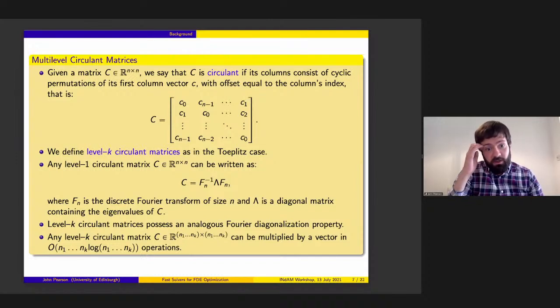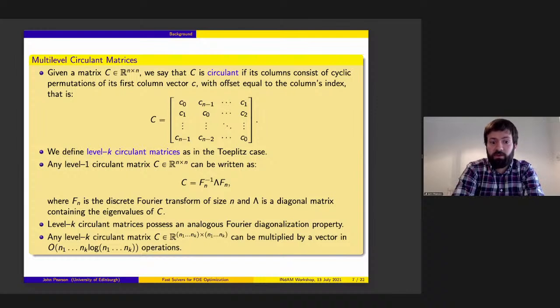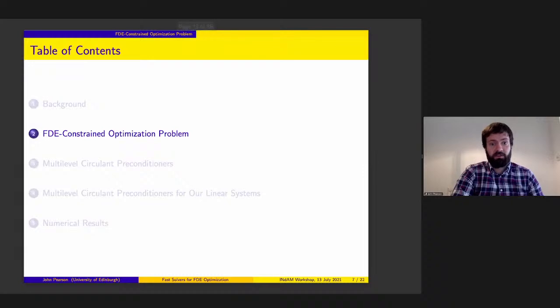Lambda is a diagonal matrix containing the eigenvalues of C. That's also very convenient because it can in fact be obtained by applying a Fourier transform to the first column of C. Okay, so level K circular matrices possess an analogous Fourier diagonalization property, which I'll describe. And what this means is that any level K circular matrix can be multiplied by a vector in big O of n log n operations, where n corresponds to the dimension of the system. So it's a really convenient property of circular matrices, one that we're going to take advantage of.